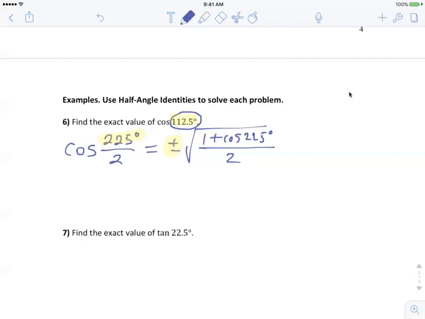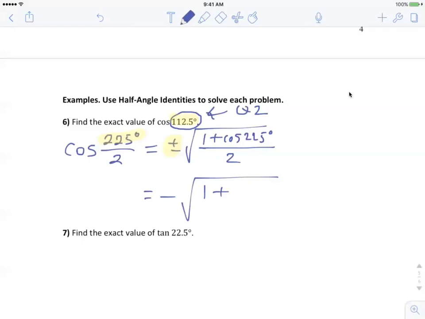And in quadrant 2, cosine is negative because it's on the left side of the x-axis where x values are negative. So you know this one's going to be a negative result.